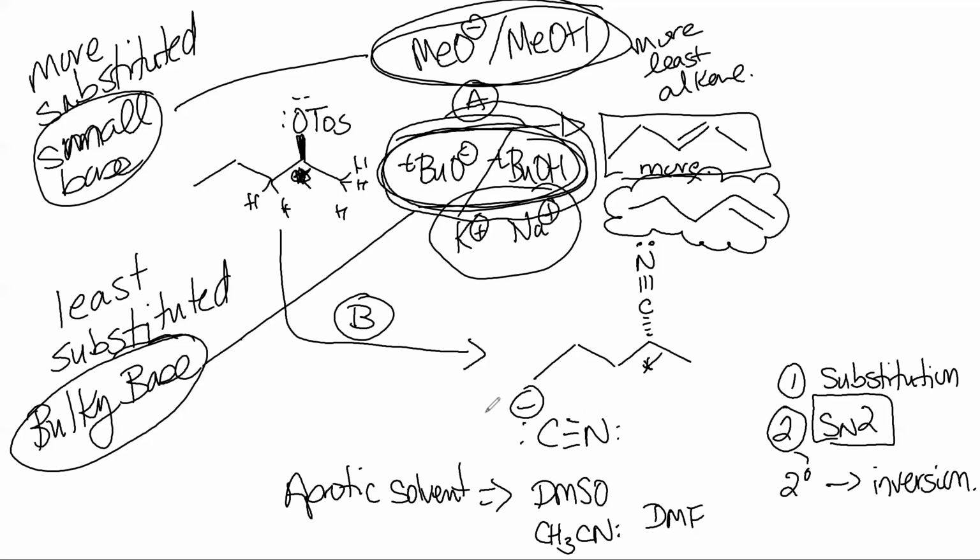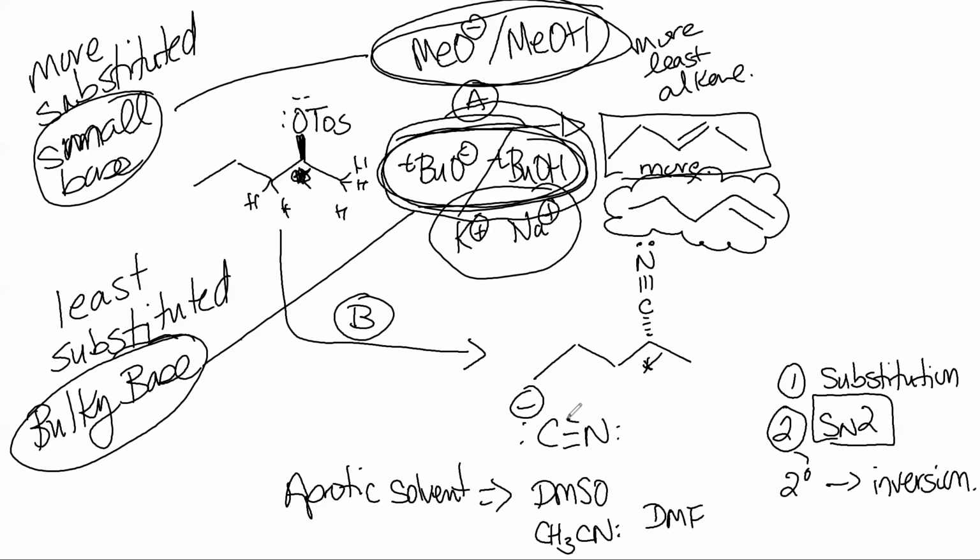It could be the sodium version or the potassium version, doesn't matter. That's the nucleophile. And this is a good nucleophile because it's a carbon with a negative charge, and also it's linear. Those are two things it's got going for us. The other interesting thing is that it's not particularly basic.